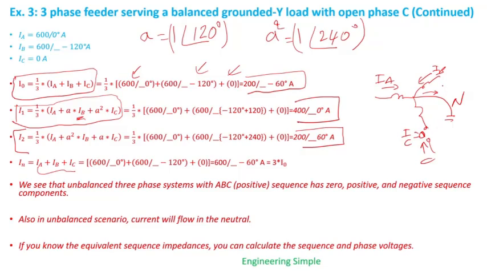So the current that will flow through the neutral is the sum, provided it's grounded. If it's not grounded, there will be no current flowing through the neutral. So if I plug in the numbers, I get 600 amps with an angle of negative 60 degrees, which is, notice, 3 times I0, which is 3 times this here.